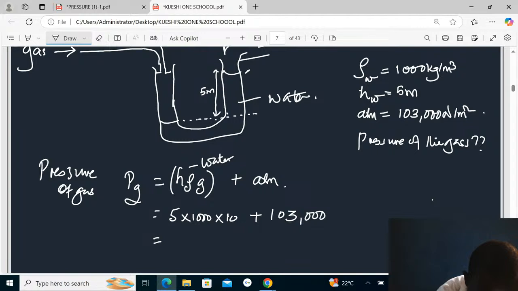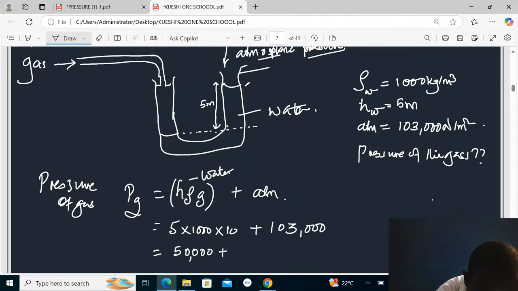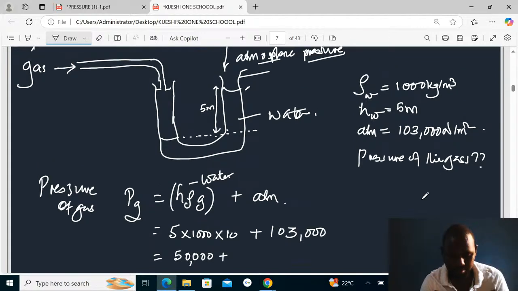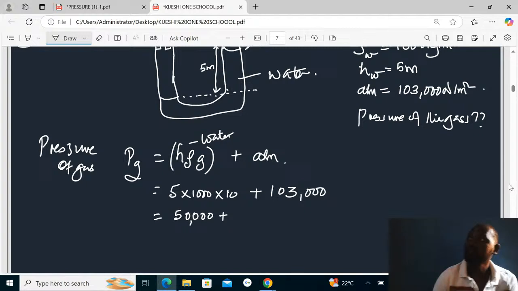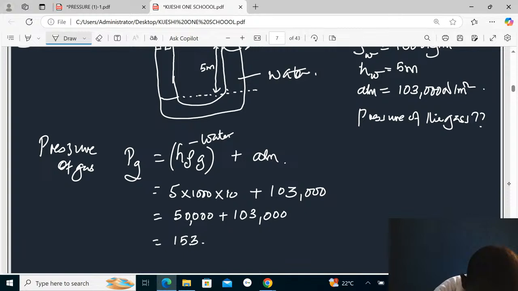This is 50,000 plus 103,000. And this gives us 153,000 newtons per meter squared.